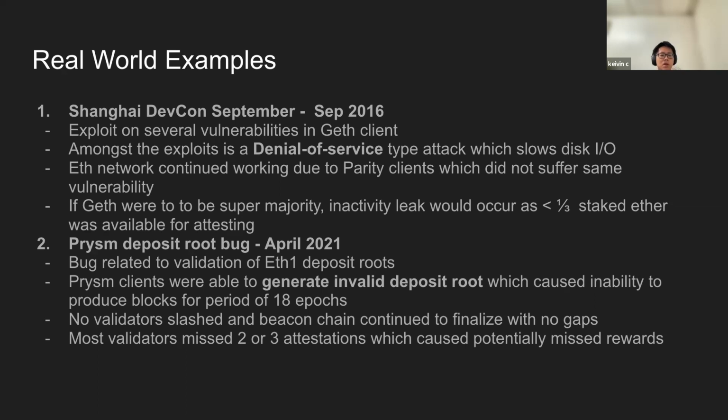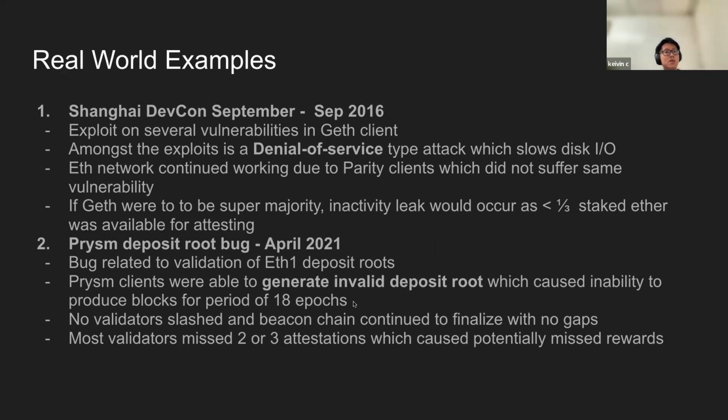So the network was able to continue because the Parity client was able to continue its own block proposals, which is essential to the network. But if Geth were to be a supermajority, an inactivity leak would actually occur. Basically it would start imposing penalties and slashing until the second largest client balances out the supermajority.